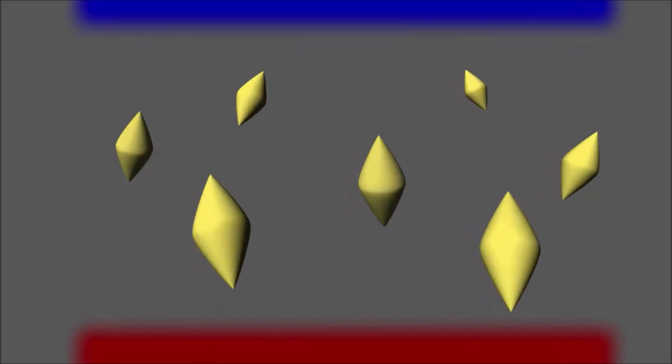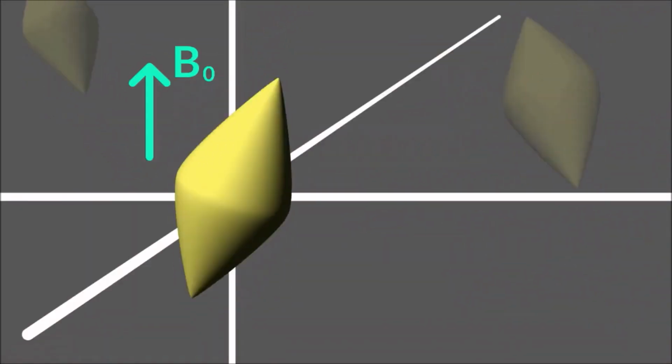Eventually, the magnetic field, designated B0, is oriented along the z-axis.